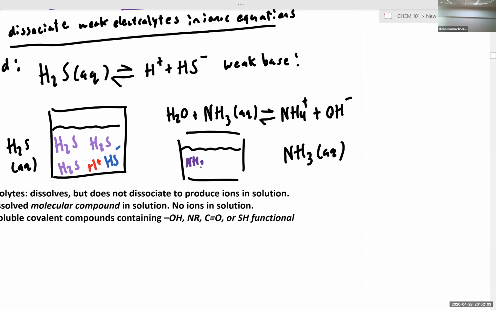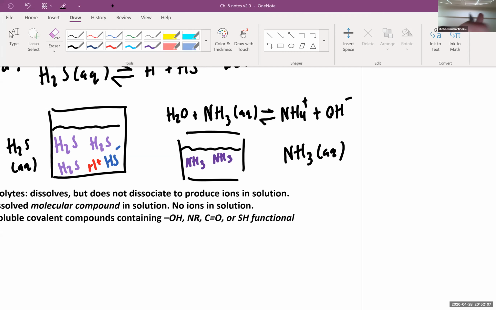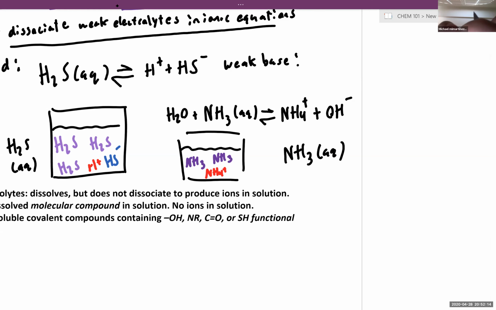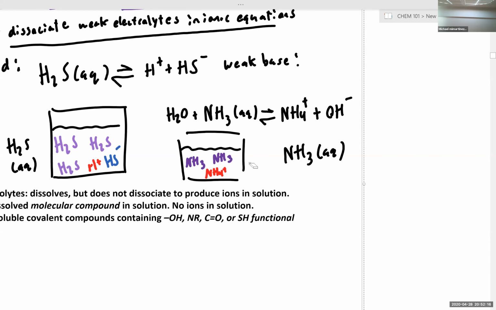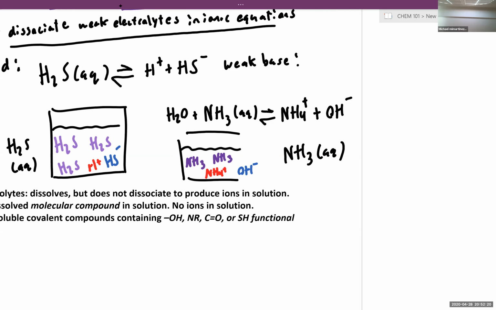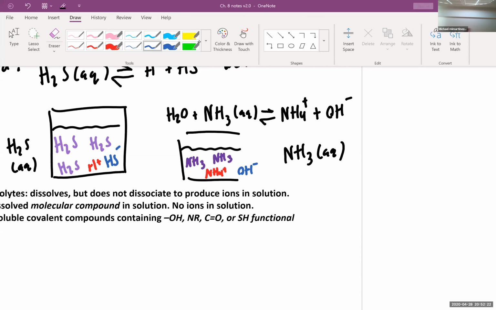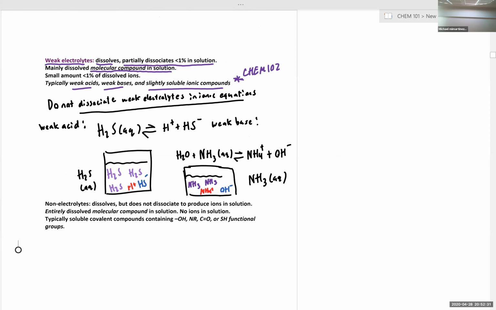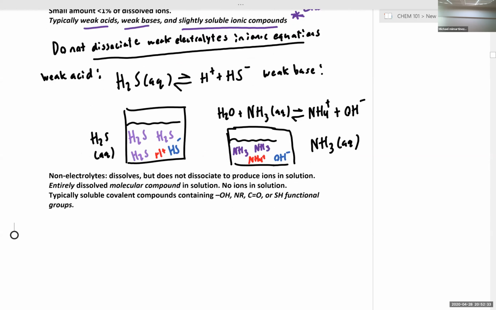So we'd primarily see our ammonia, and we may see just a little bit, less than 1%, of this ammonium and hydroxide ion. So we have mainly molecular compounds in solution. Okay, wonderful. So let's look at another category of species.